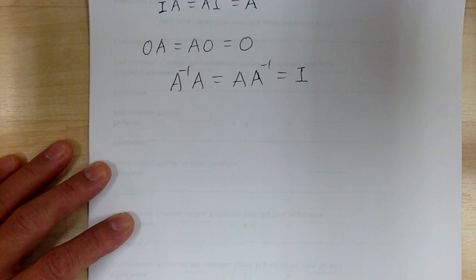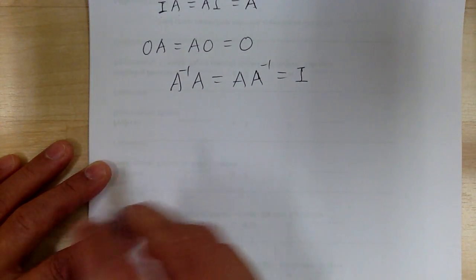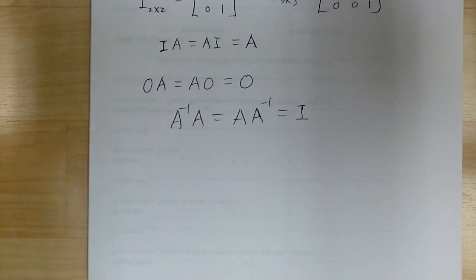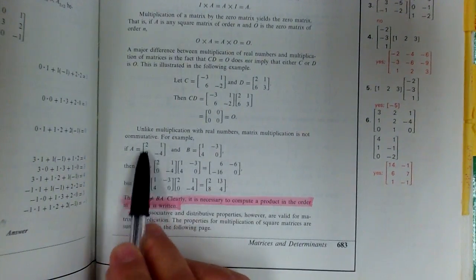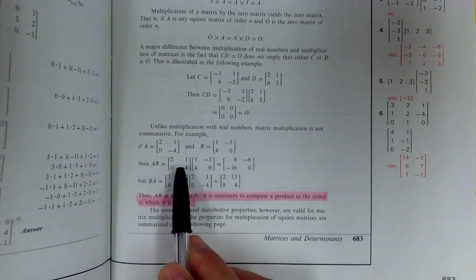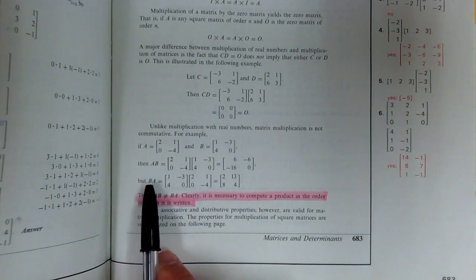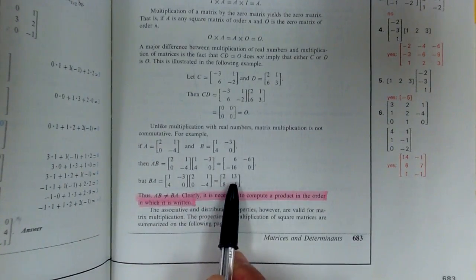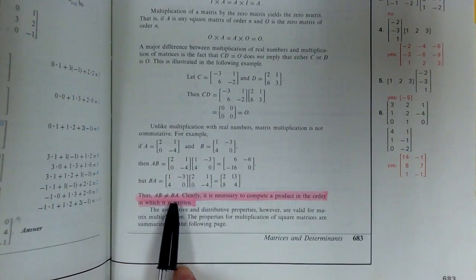If you look at the example right below that in your book, they give you A equal to this matrix, B equal to this matrix. So A times B equals, you work it out, this. But if you switch the order, you get B times A equals this. Notice they are not the same. So pay attention to this.